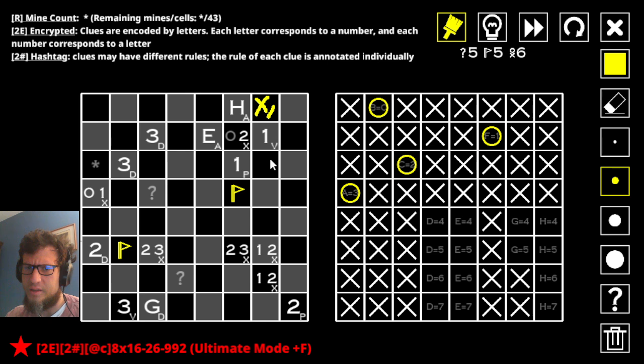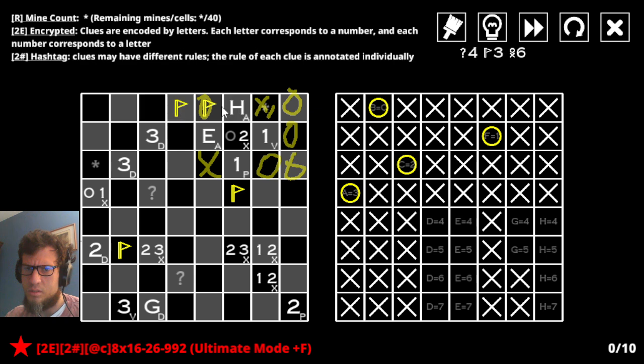So if this is a mine, it kills this, forcing this to be a mine. But then the 1 vanilla does all that, so then this HA is just like done for. So that's not allowed. Which means no and yes. Okay. H has to be at least 4, so this has to go for a while.